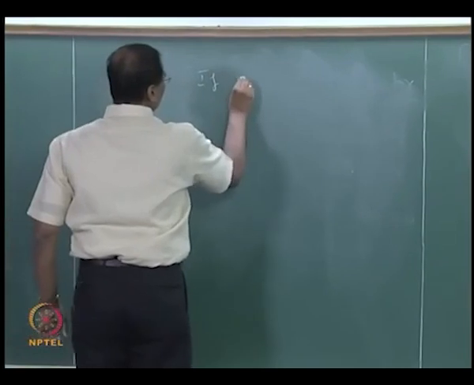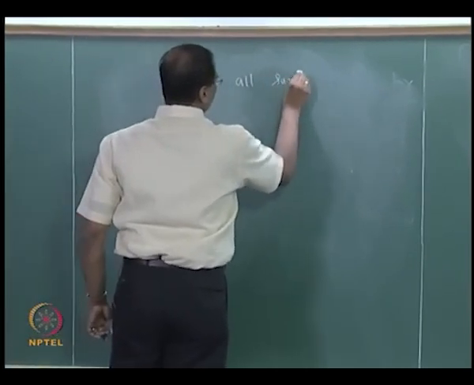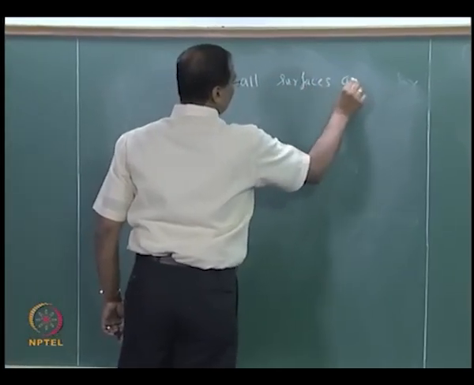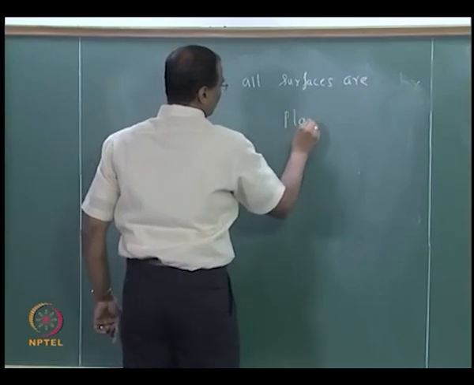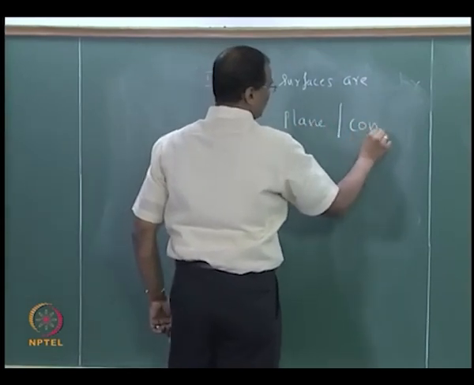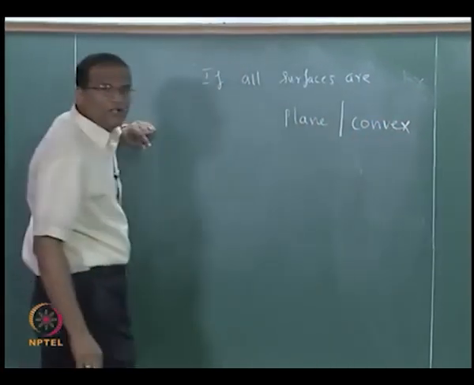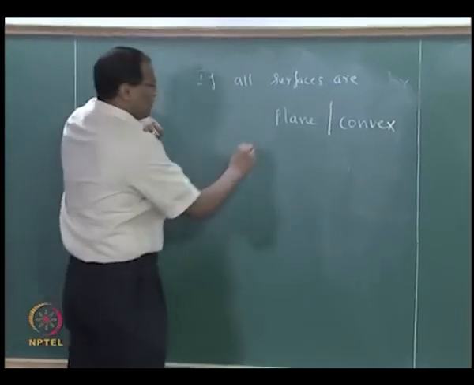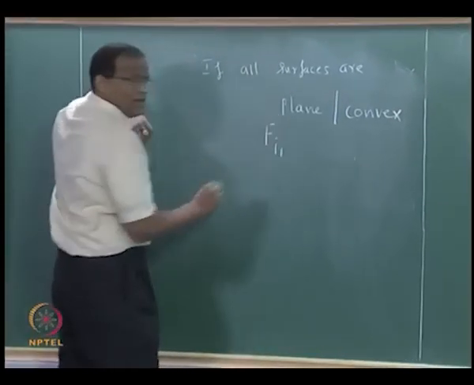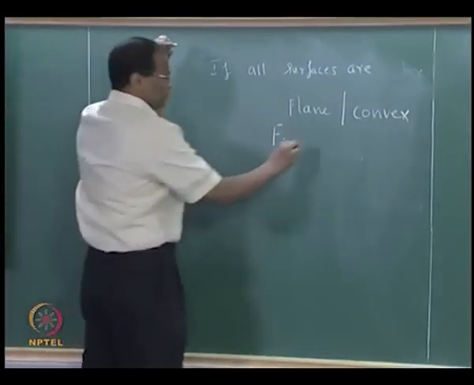Now let us look at the case where all the surfaces are plane or convex. What will this Fii be? 0.